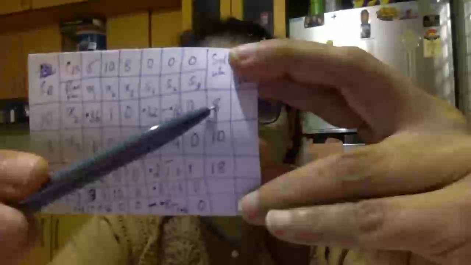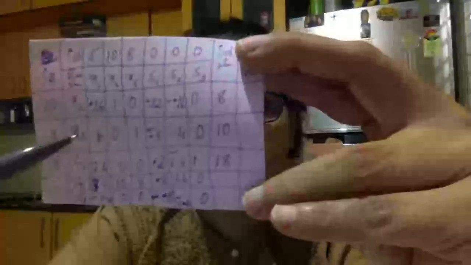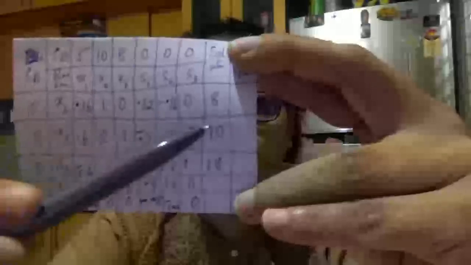So this is x2. x2 will be 8. x2 is 8. x3 is 10. Alright? x3 is 10. Now S3 is 18. Is S3 any useful for us? No, it is not.